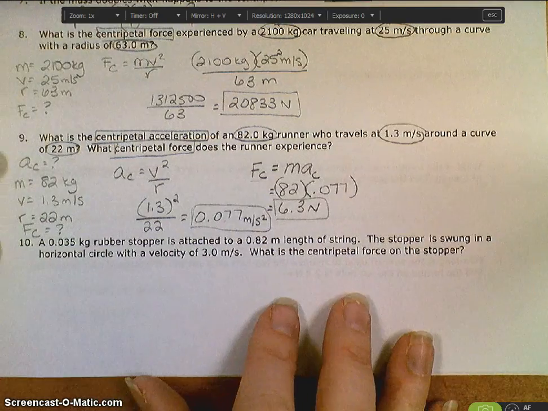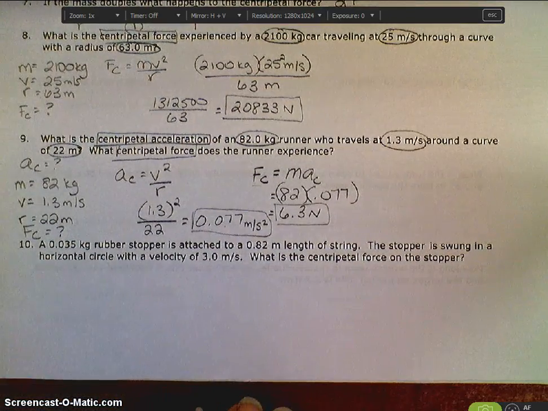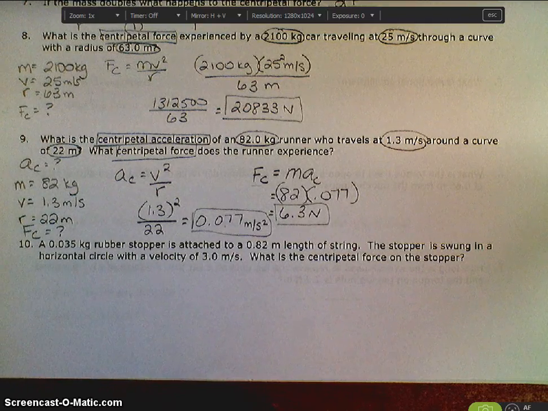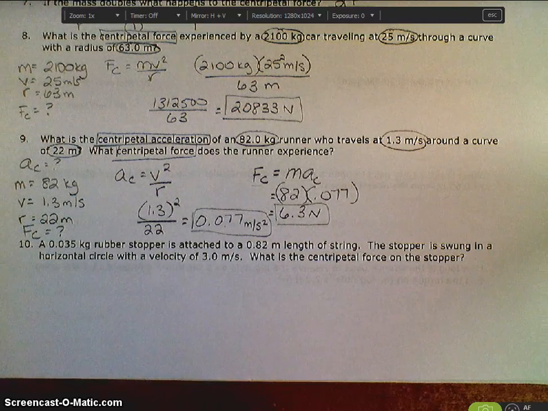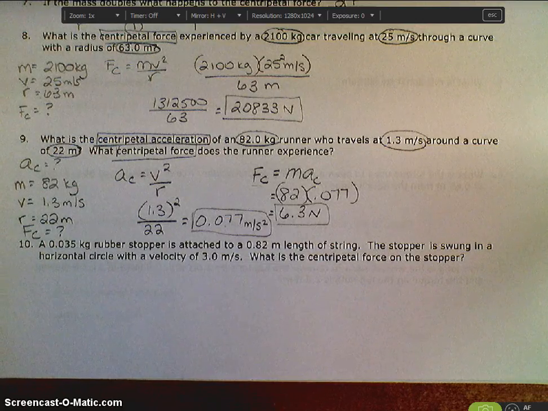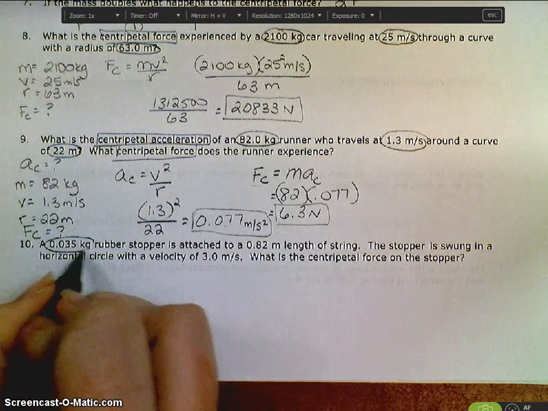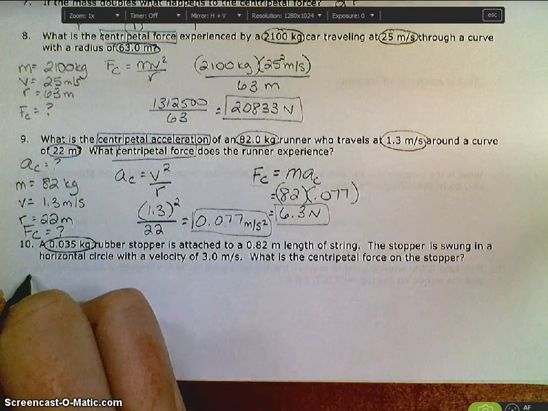Okay, next centripetal force question. Again, if we get to a question that you know you can work on your own, pause it and then restart to check your answer and make sure you did the right steps. So in my next problem, I have a much smaller item.